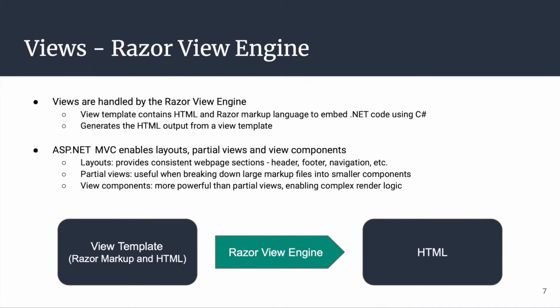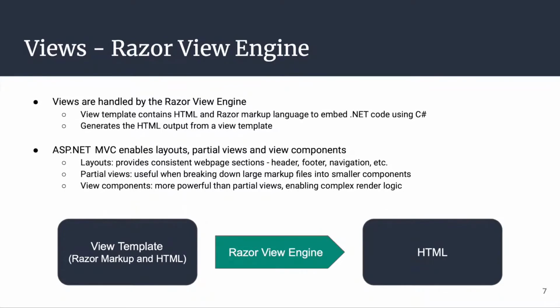Layouts can be specified in one place to reduce the amount of boilerplate markup in the views. Partial views are useful when you want to break down a large markup file into smaller components, or when there is common markup content between different views. They are best used when the content does not require complex render logic or code execution.